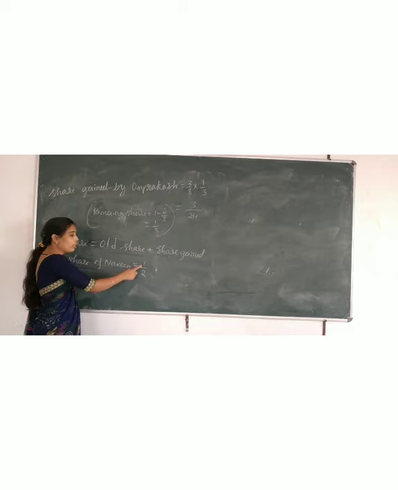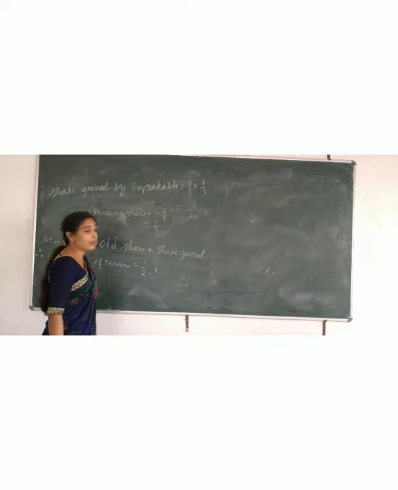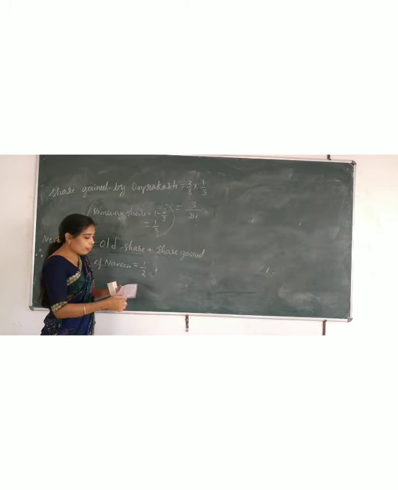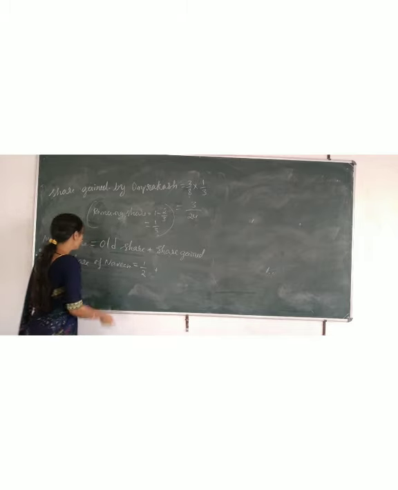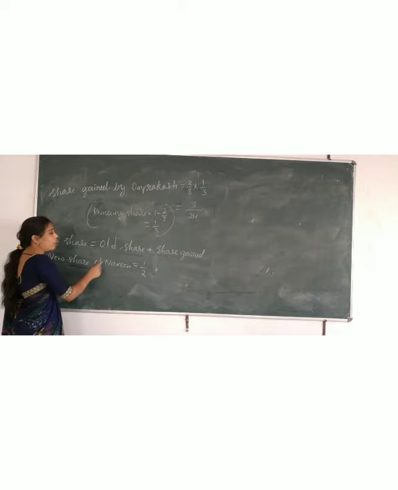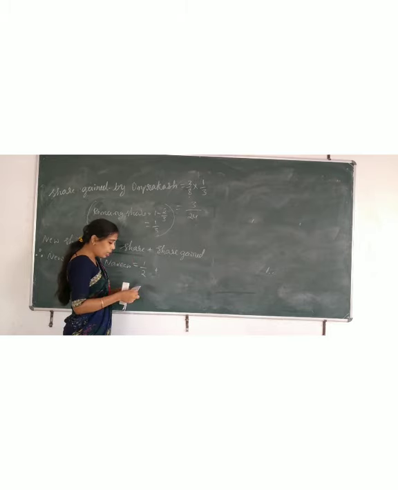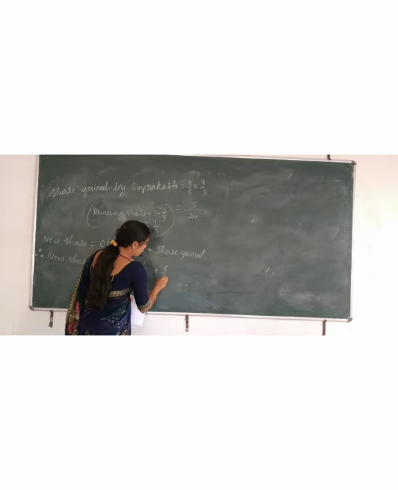New share of Naveen is equal to his old share 1/2 plus share gain. Share gain we calculated with the help of the retiring partner's share and the share surrendered by the retiring partner. So now we are calculating the new share of Naveen. Old share is 1/2 and share gain, which was calculated before, was 6/24.